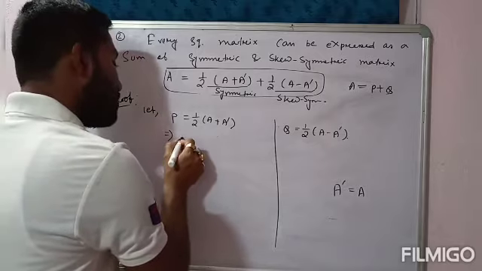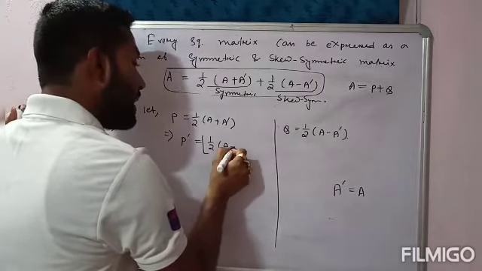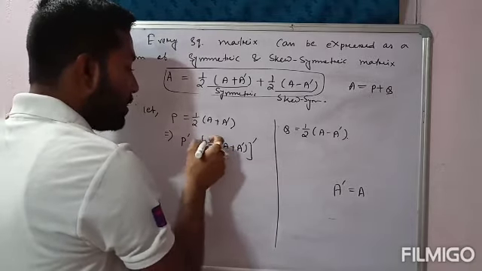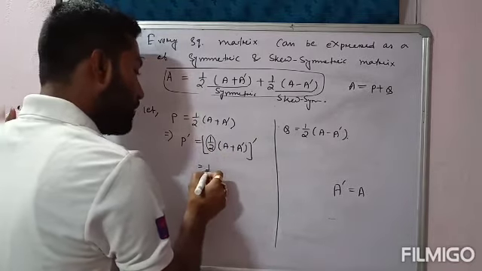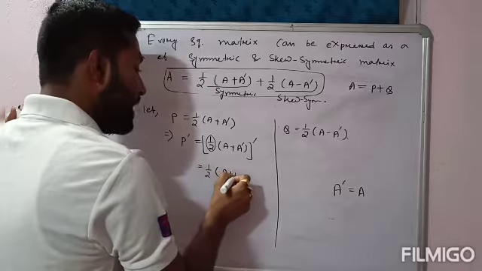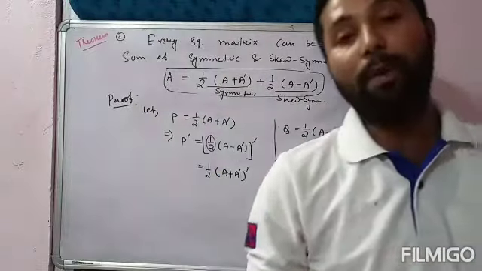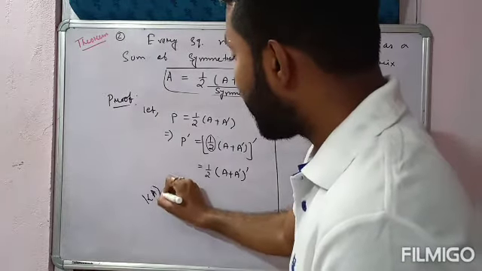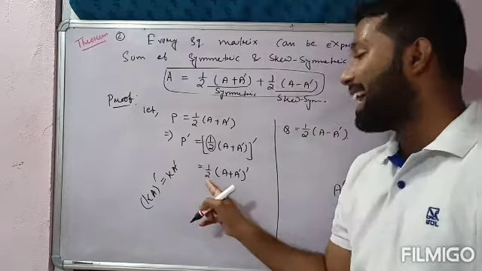So take transpose on both sides. So P transpose is equal to half of A plus A transpose whole transpose. Now we all know that it is a scalar multiplication, so half transpose is equal to half into A plus A transpose whole transpose. There is one property, that is K into A whole transpose. ये भी property में दिया था, K into A whole transpose is equal to K into A transpose. So here K is half.